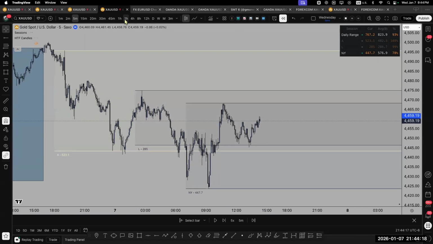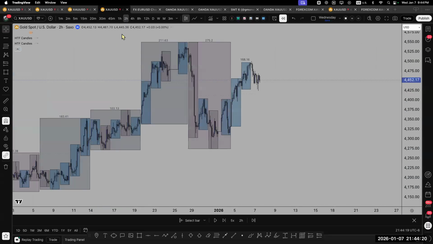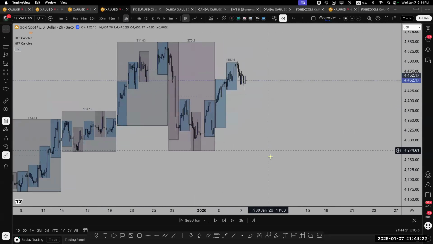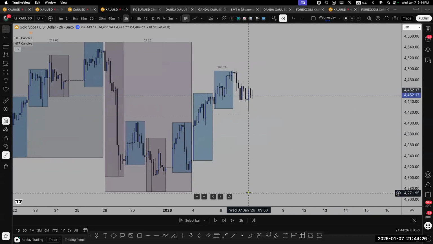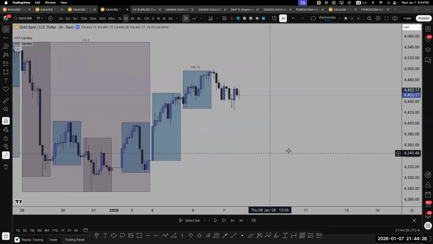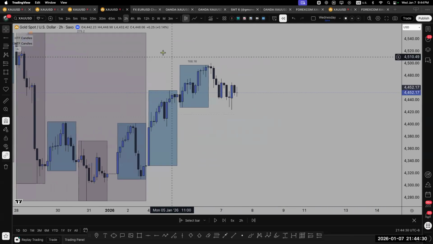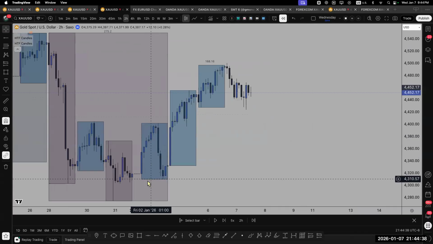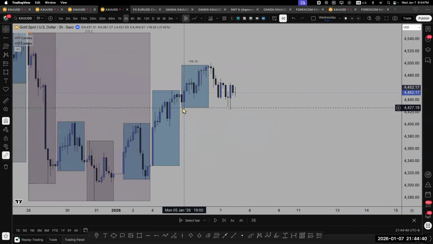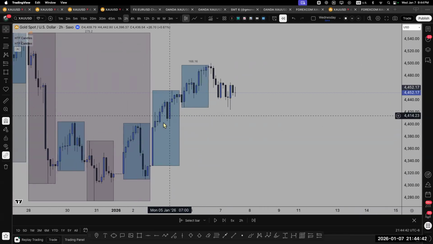if you go back to the session, it's 2 hour time frame. Based on what you guys know from the higher time frame candles, these three candlesticks represent the daily, right? We can measure all three, but what got my attention more was still Monday's price action.